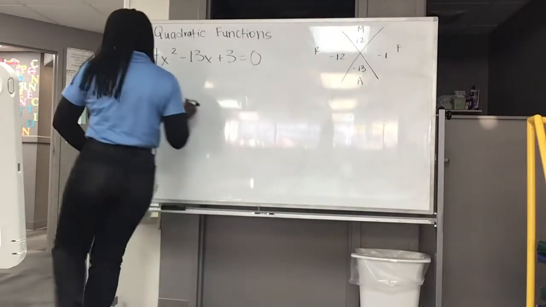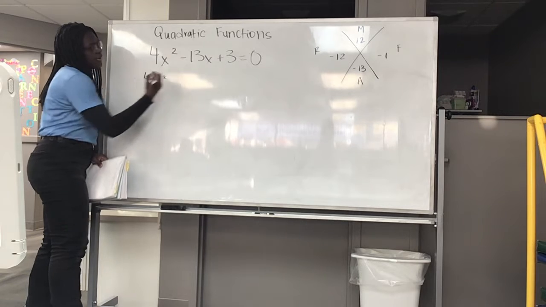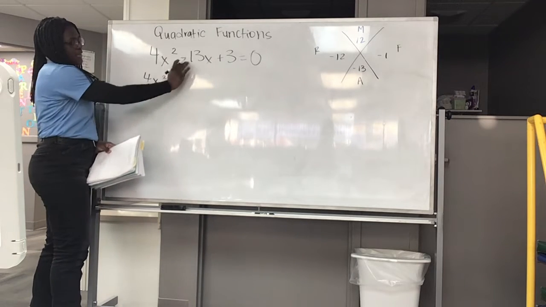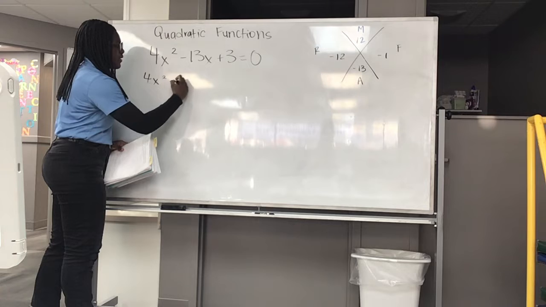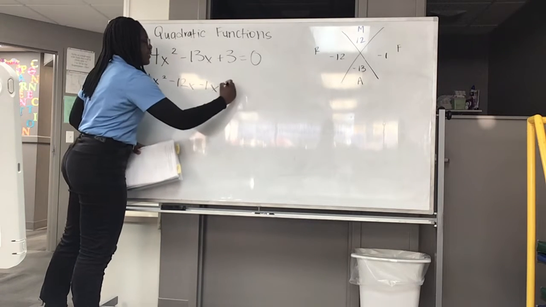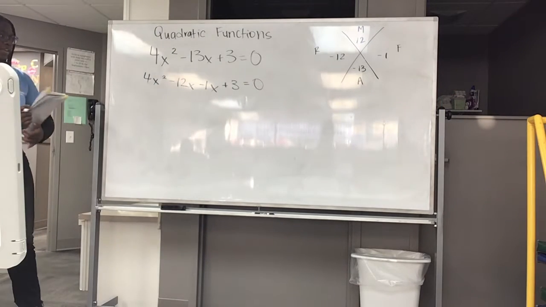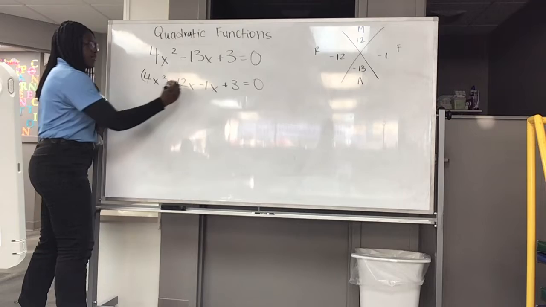4x squared I'll leave alone. Then I'm going to replace negative 13x with negative 12x minus 1x, and then leave this alone, plus 3, equals 0. Okay? Next step is to factor.